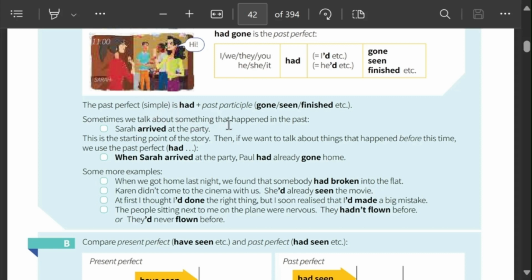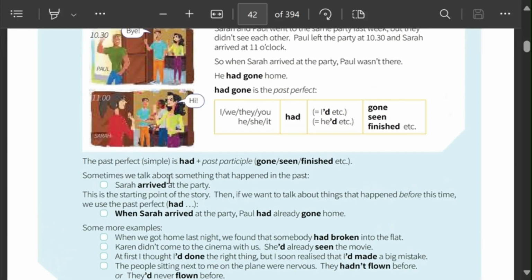Sometimes we talk about something that happened in the past. Okay, in this example, Sarah arrived at the party. You see, this is in the past. Past simple. Now we want to talk about something that happened before this. Before Sarah arrived. Okay, so if we're talking about the past, this is the starting point of the story. This is what is happening, the main action. Sarah arrived at the party.